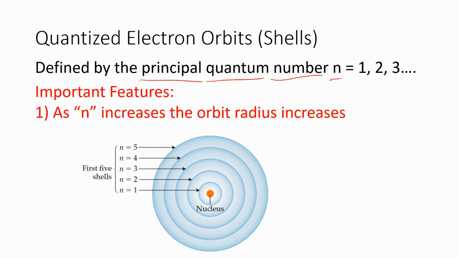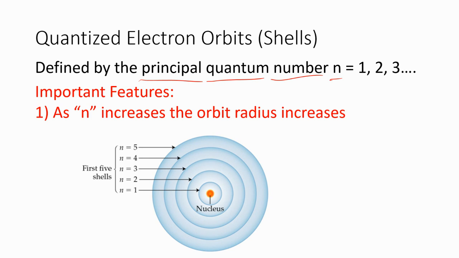And sequentially, as we move away from the nucleus, the number goes up. So the second orbit away from the nucleus is n equals 2. And you can go even further than what we've pictured here. N equals 5 is not necessarily the outermost orbit, it is just the last one we've pictured here. It could be n equals 6, 7, 8, 9, 10.